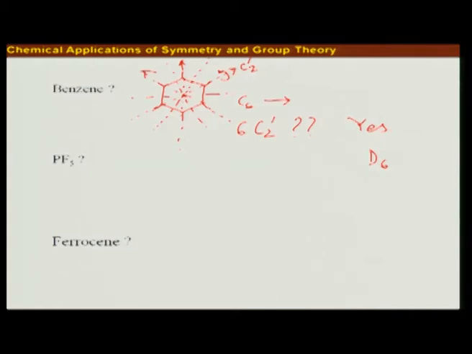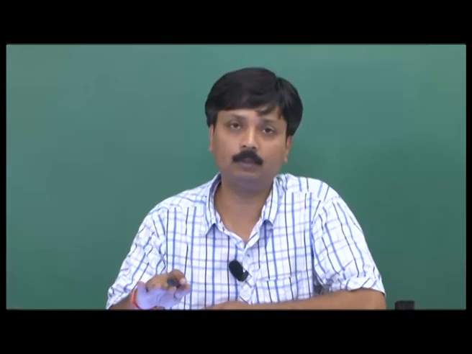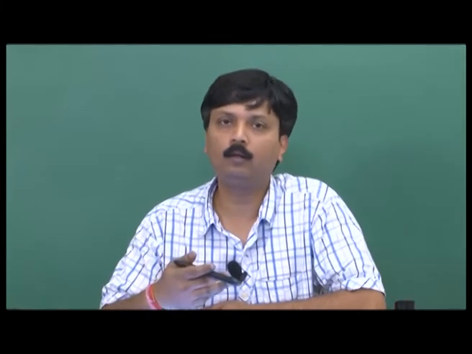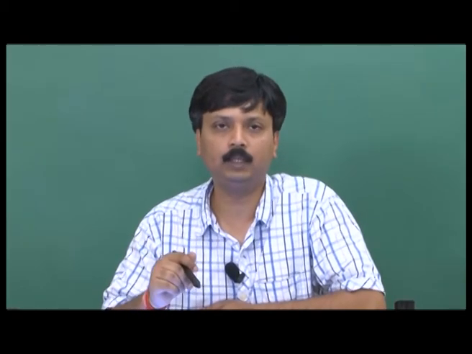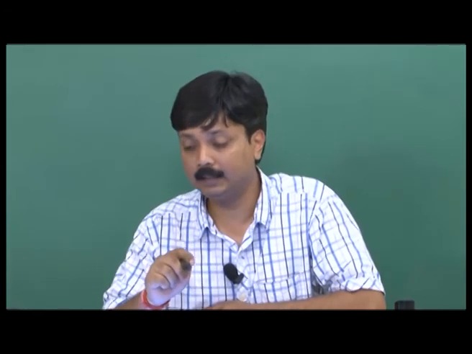Let's figure that out. So now the following question will be, is there a sigma H? And the answer is pretty obvious because this molecule is planar, and your principal axis of symmetry is perpendicular to that molecular plane. The molecular plane for a planar molecule always hosts a plane of symmetry. So this plane of symmetry is perpendicular to the principal axis of symmetry C6.